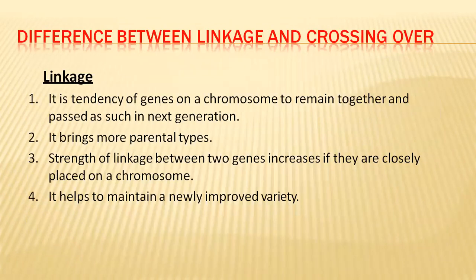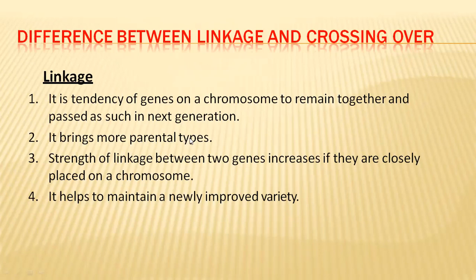Now the difference between linkage and crossing over. Linkage is the tendency of genes present on the same chromosome to stay together. When they show the tendency to stay on the same chromosome together, then it is called linkage. So linkage will not bring any new recombinations.